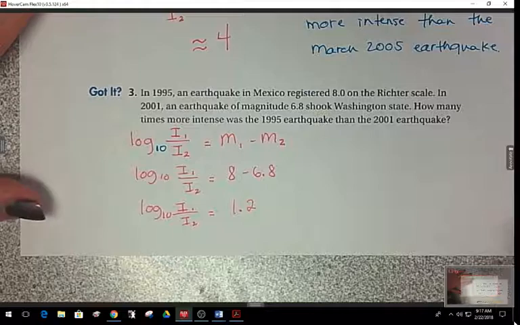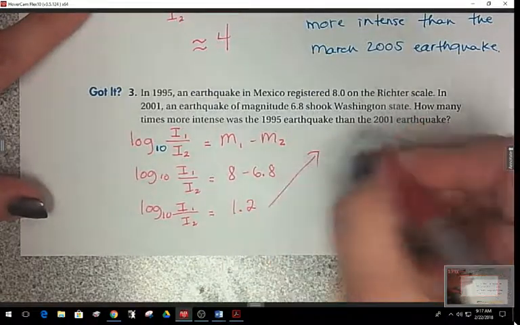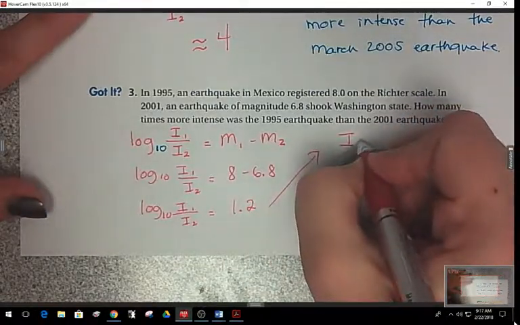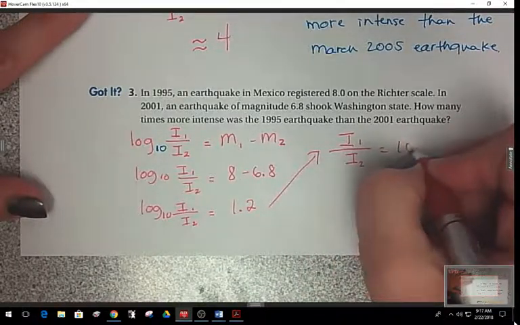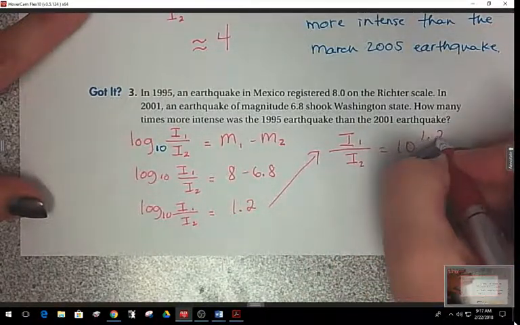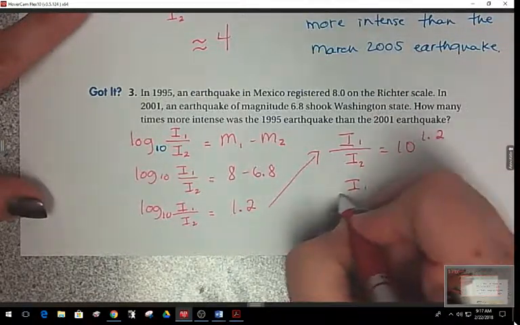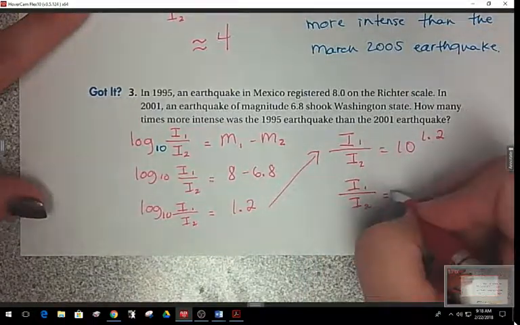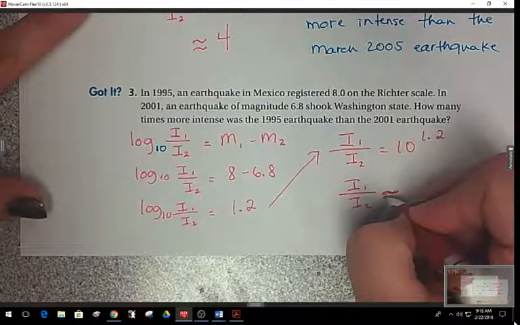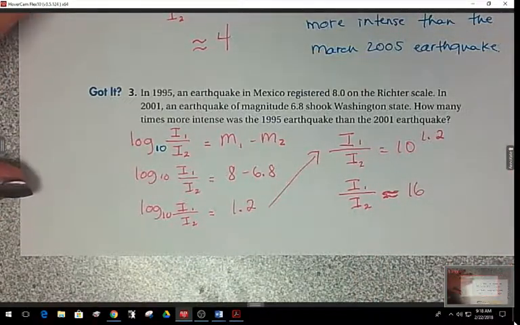And then I'm going to change that to exponential form. I need more room, so I'm going to put it up here. So I sub 1 over I sub 2 equals 10 to the 1.2 power. So the intensity of the first compared to the intensity of the second is about 16 times more intense.